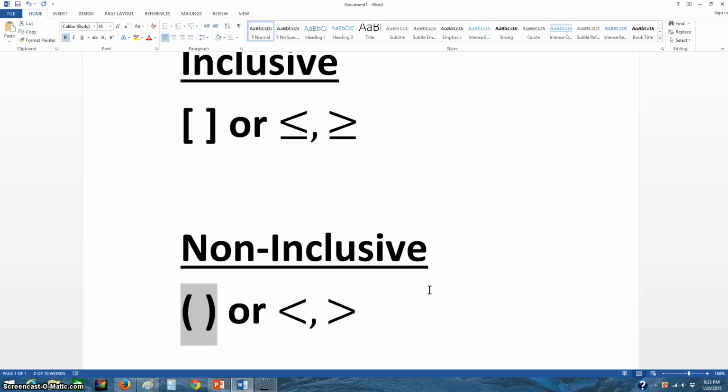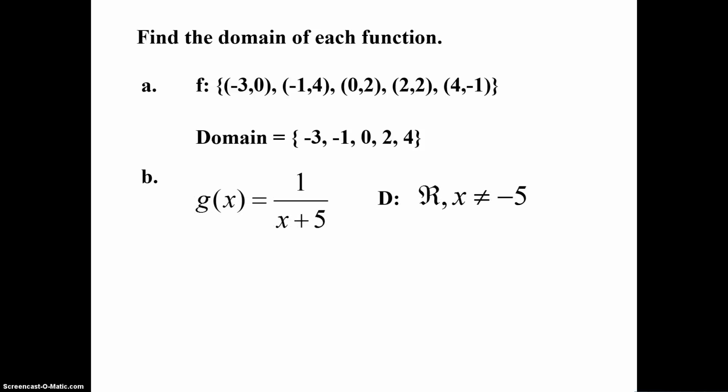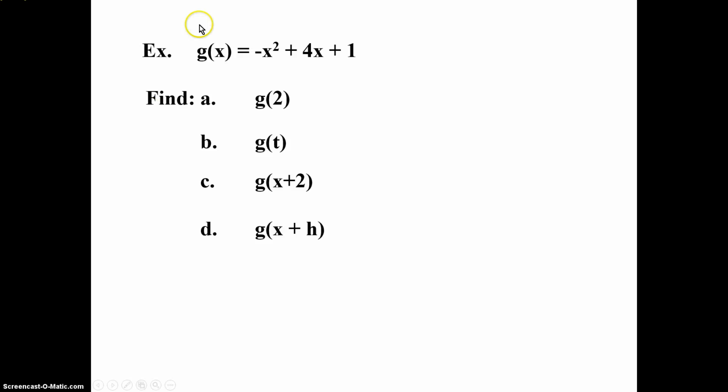Okay, let's go on. Let me go ahead and do the next one. I'm going to let you copy down the question. Now, the example is a function which is a polynomial. If you notice, you have to start familiarizing yourself. This is a polynomial right here because it's basically exponents.